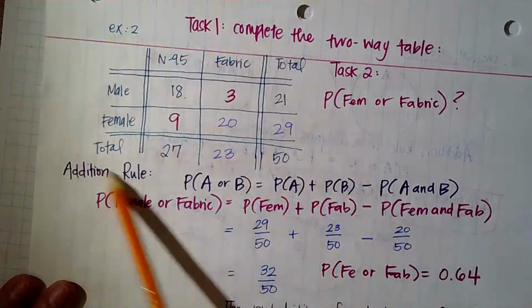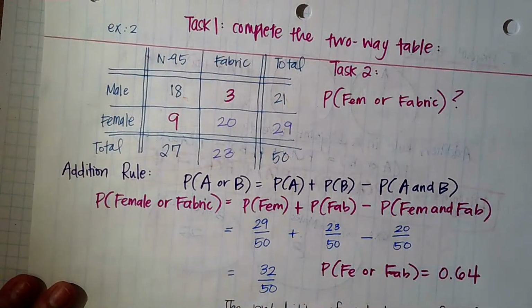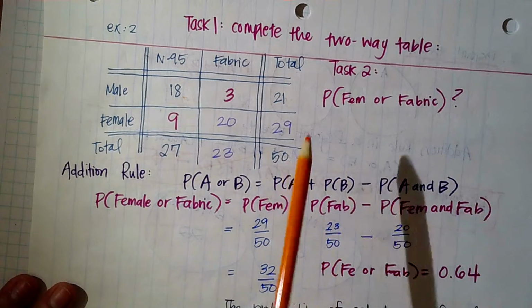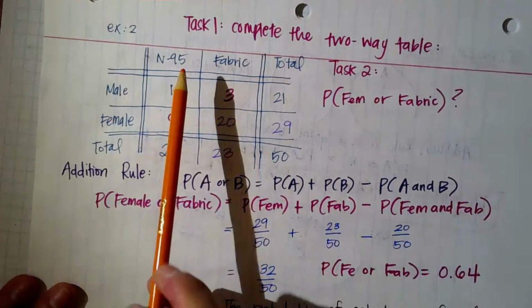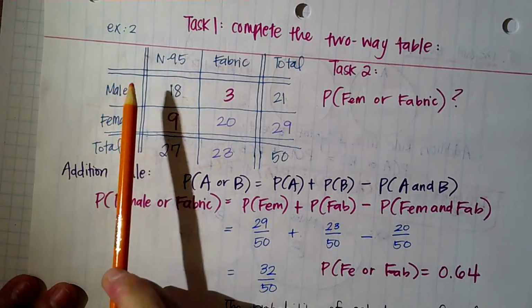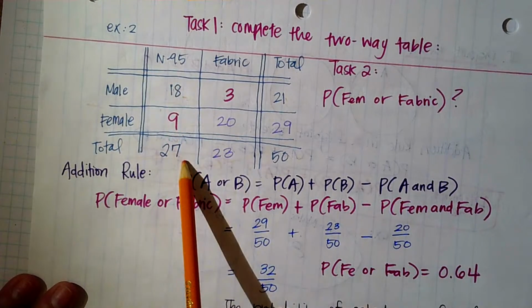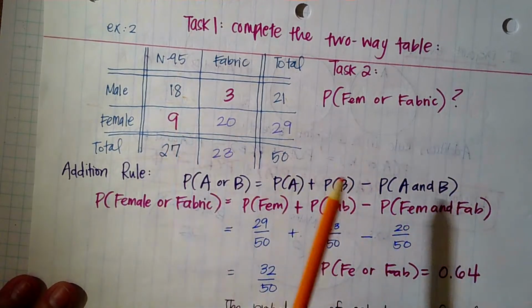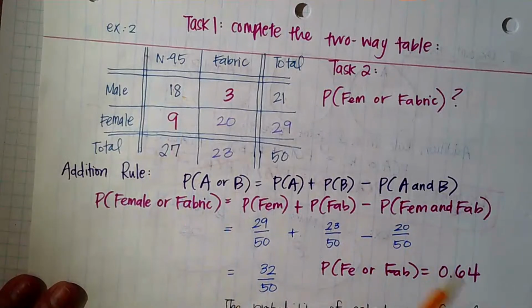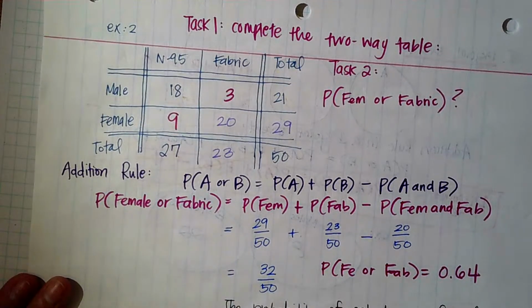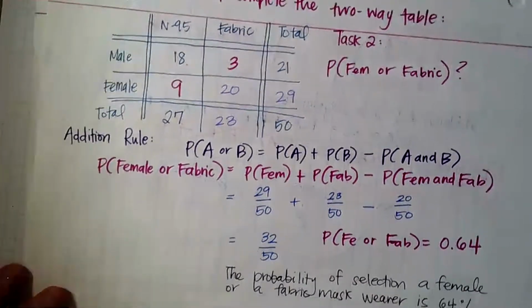Notice that in order to fill out the table, I'm using the complement rule, which I explained in my intro to probability video. Now, if there were 18 N95 male wearers and a total of 27 N95 mask wearers, that means 9 of them had to be female. This is how we fill out the two-way table.